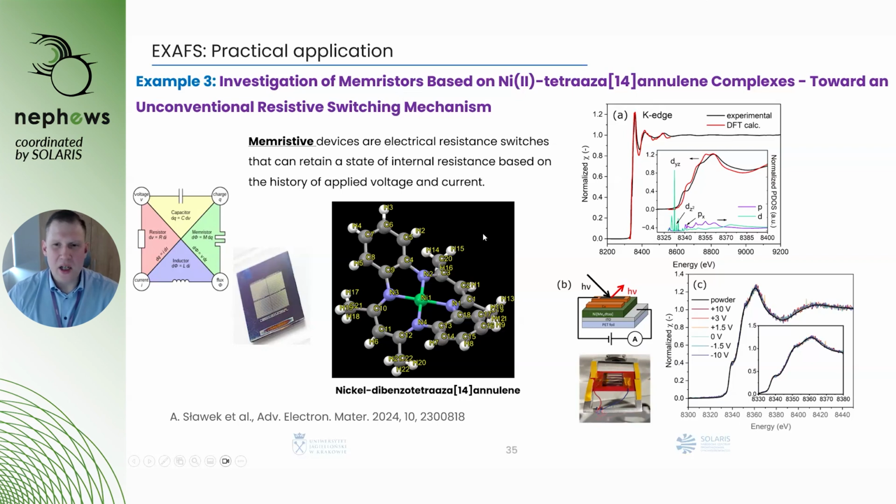Also, a quite interesting example is investigating a complex molecule which could be used for memristor devices. At first, the researchers used the XANES region of the spectrum in order to see if the geometry of copper could change during the operation of such kind of material. And we see that no changes appeared. It means that the material works quite stable.